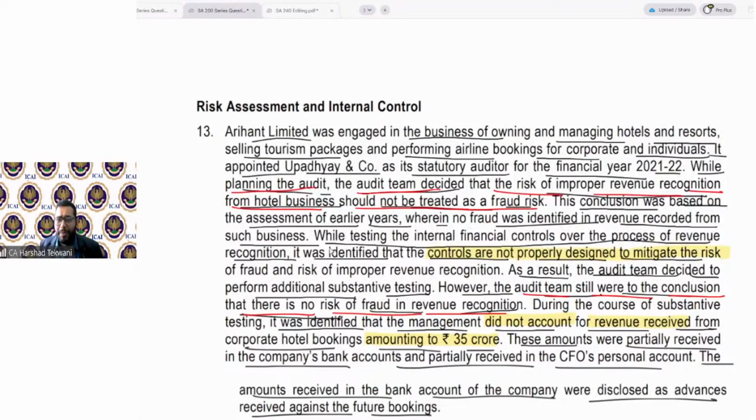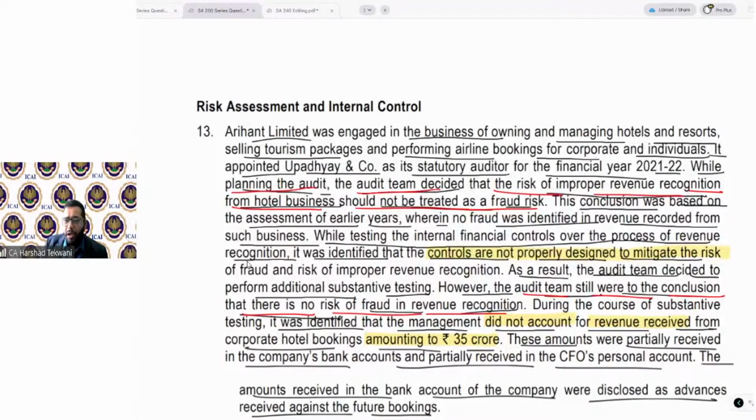Now, as I said, the auditor is required to look into fraud risk factors to understand whether there is a risk of fraud or not. Plus, he needs to understand risk of fraud at each revenue level and at each assertion level for each revenue.